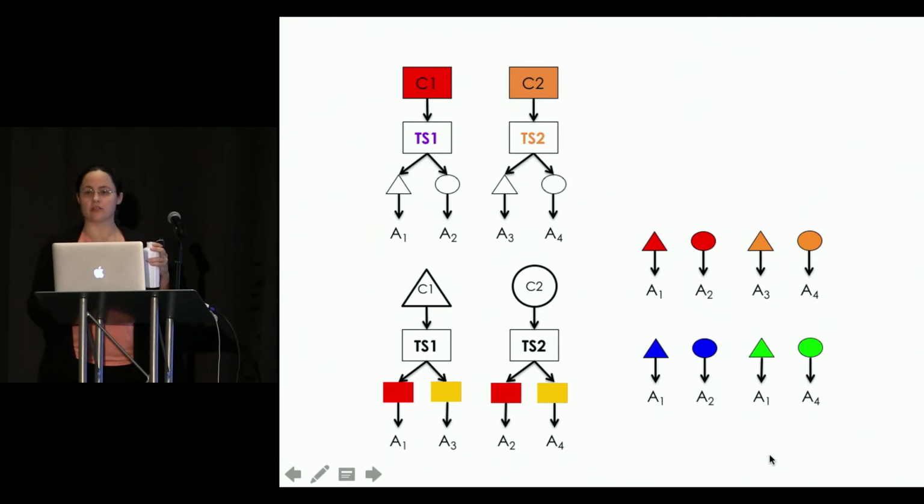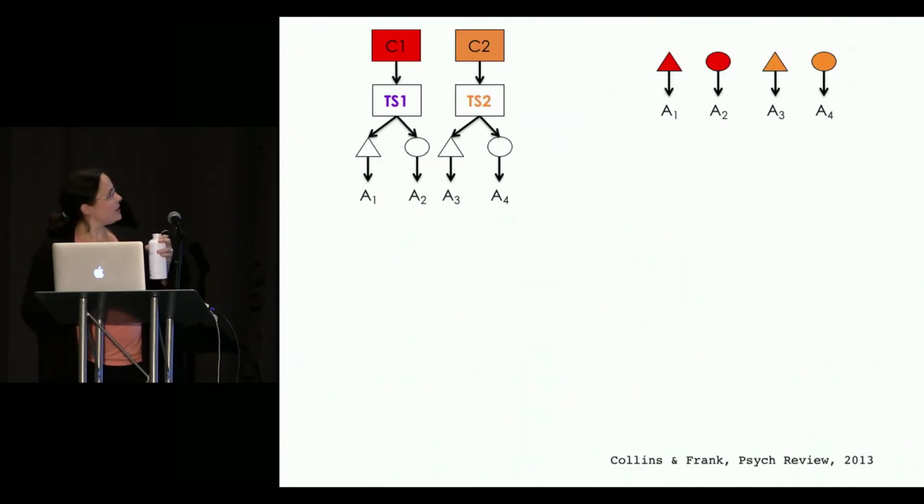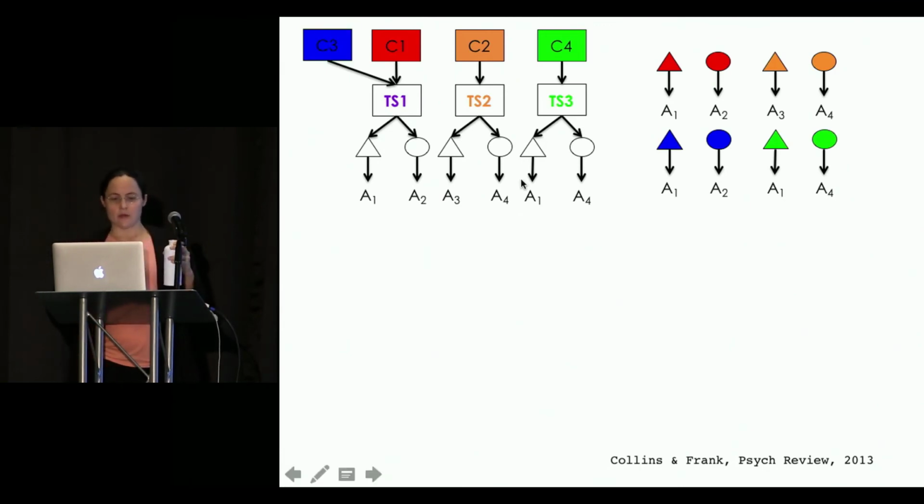You could use the shapes as a context and the colors as a stimulus, in which case there shouldn't be any benefit. So if you structure with color, then you can cluster together those two contexts around the same task set, and that means that in this blue condition you should be able to generalize your previous knowledge, which you should not be able to do in the green context.